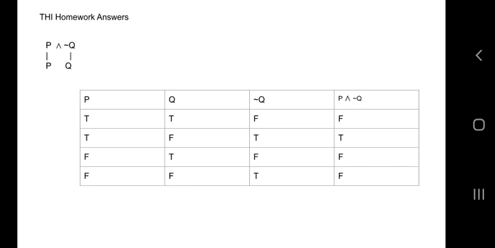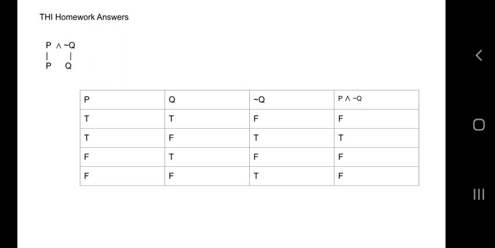And now finally, for the P and not Q column, we're going to look at the P column, and we're going to look at the not Q column. And for each row, we're going to take the logical conjunction of those truth values. So for a true and a false, well, for logical conjunction, if there's at least one false, it's false.